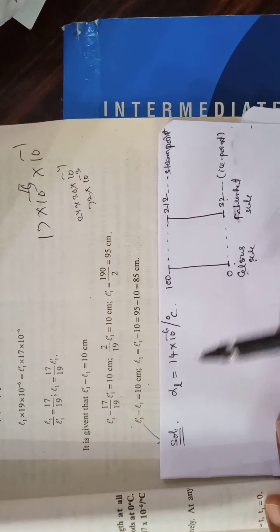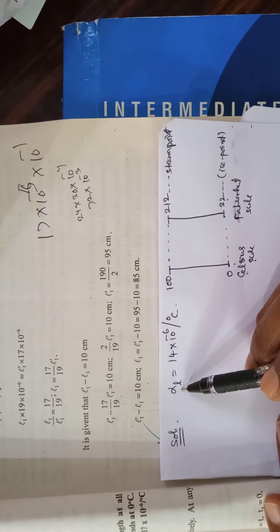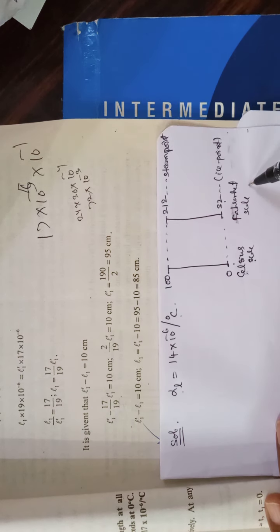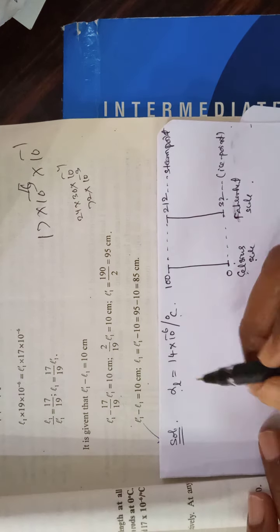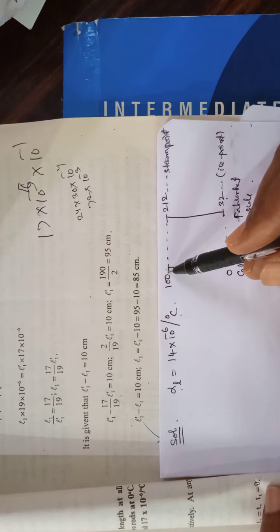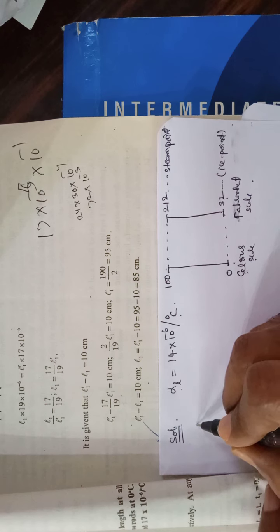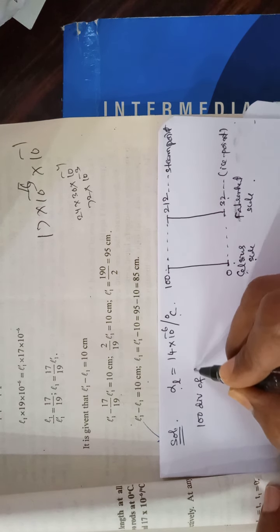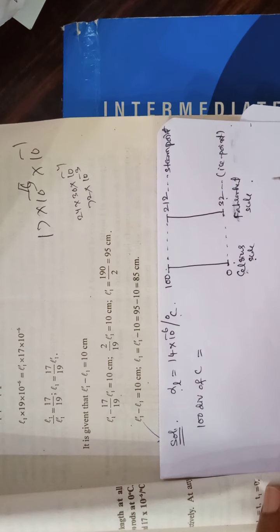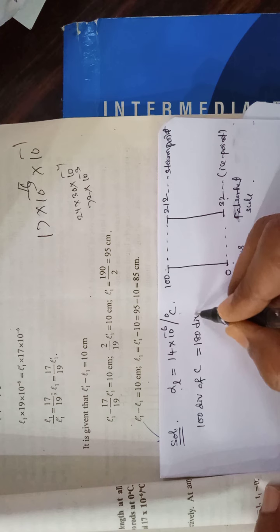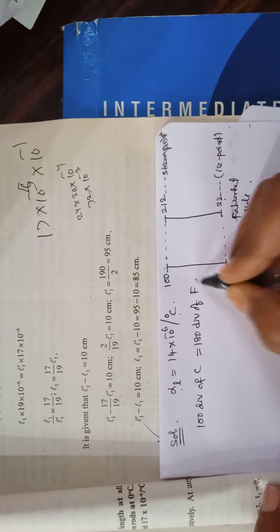That's why the alpha value cannot be same with degree centigrade and with the Fahrenheit. So here what we have to write? 100 divisions of Celsius is equal to 180 divisions of Fahrenheit.